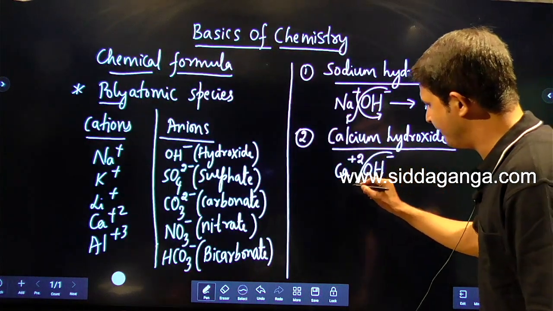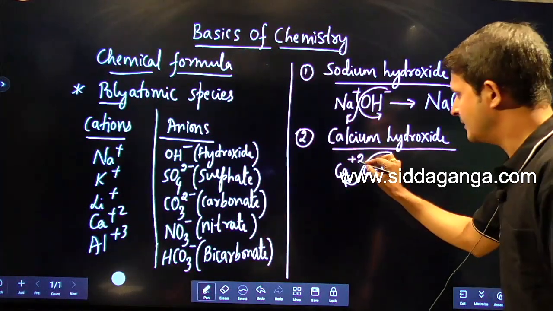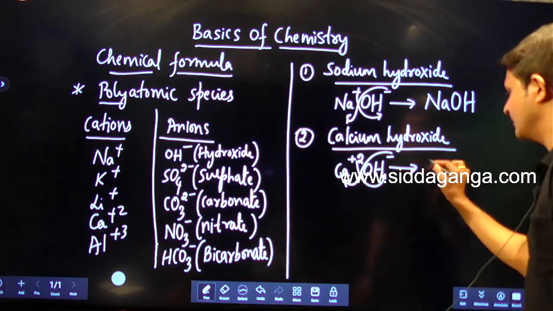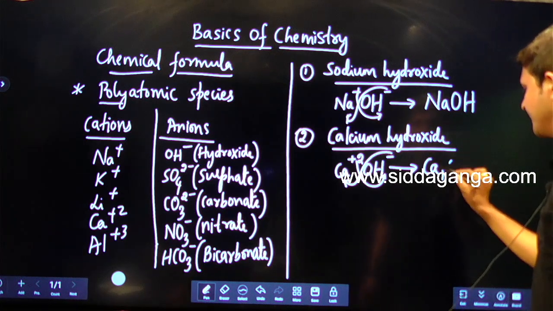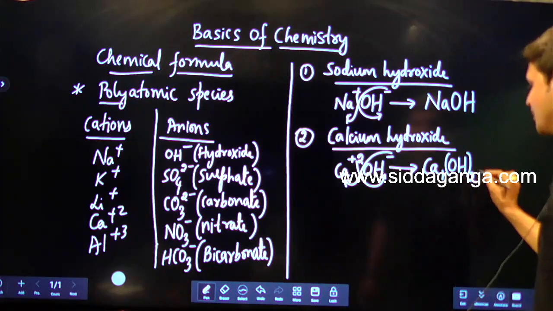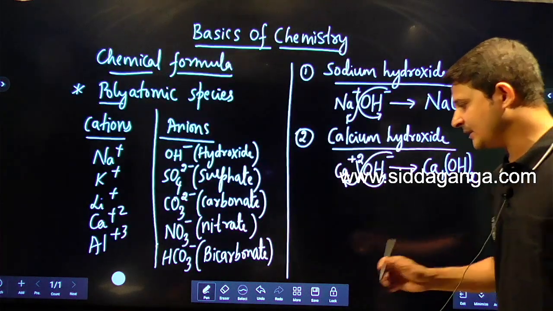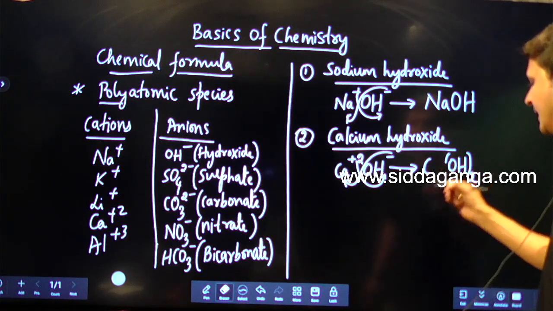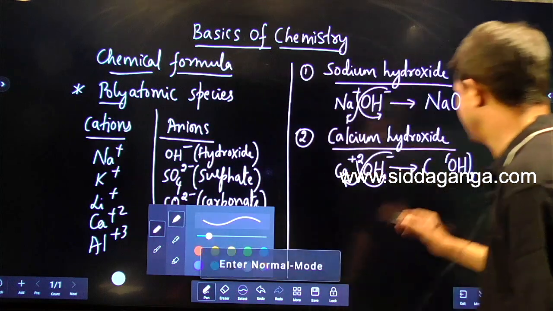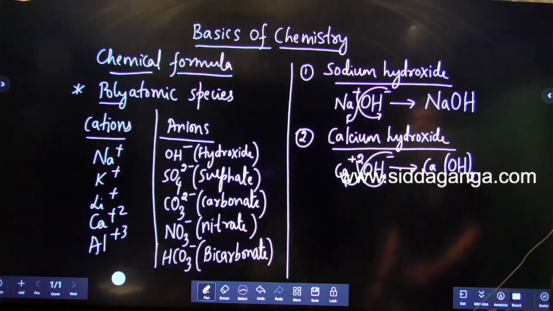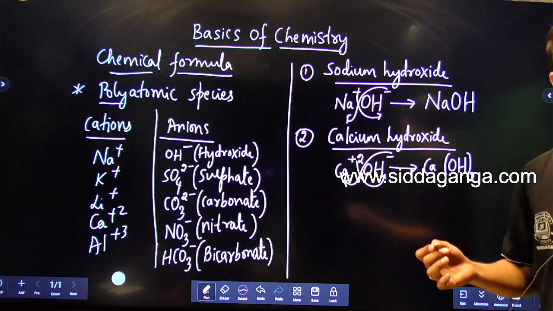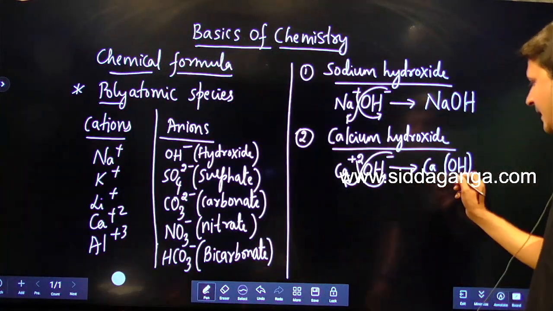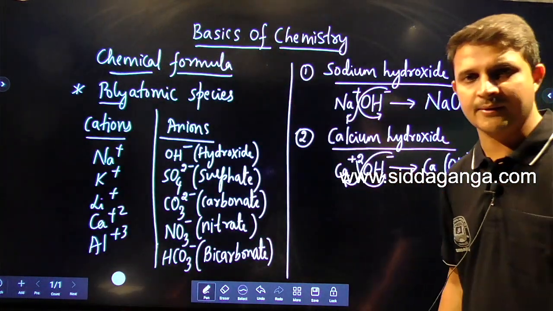The valency of 1 for calcium, the valency of 2 for hydroxide, giving rise to Ca1 OH, how many times? 2 times. Or we can just write Ca(OH) twice, calcium hydroxide. As I mentioned in the previous session, we need not represent 1 here. So Ca(OH)2 is calcium hydroxide.